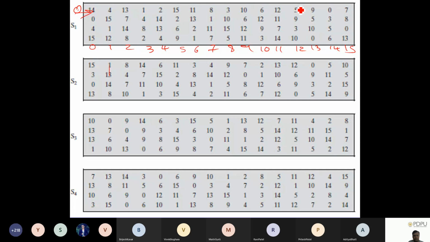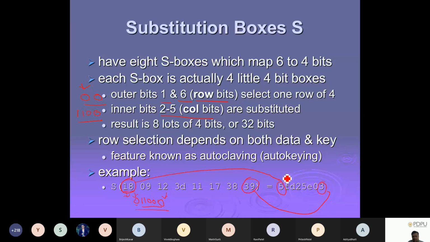This is the number you can see, the 0th row and the 12th column. This is 5. So now you can see how the 5 is coming here. Now you get it? That's how your 6 bits are converted into 4 bits.